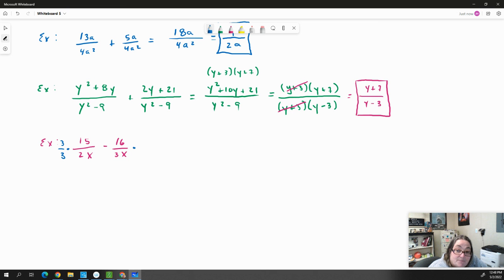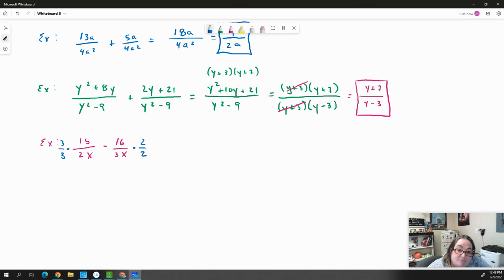This side has a 2 that this one doesn't have, so this side I'm going to multiply times 2 over 2. We can do that because multiplying by 3 over 3 is really the same as multiplying times 1. We're not changing the value of it, just changing the way it's represented.